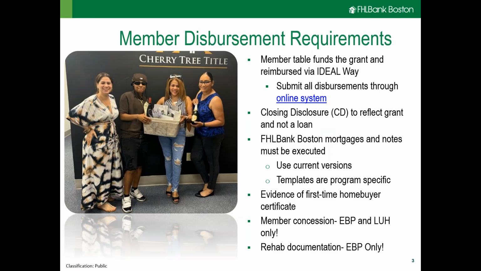So when you're submitting a disbursement, as I mentioned, the main thing to take away is that your institution's table funding the grant, and then once you have all the required documents, you need to submit that reimbursement through our online system, which is our community lending platform. If you need to request an account, you can go on the Federal Home Loan Bank's website and request an account.